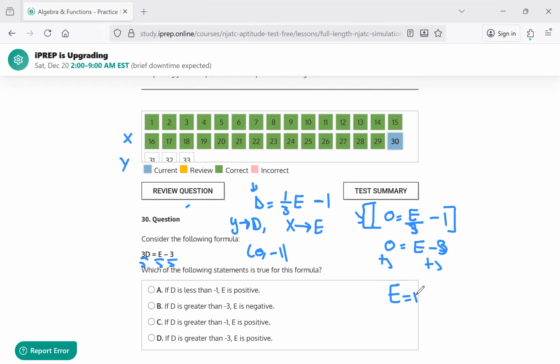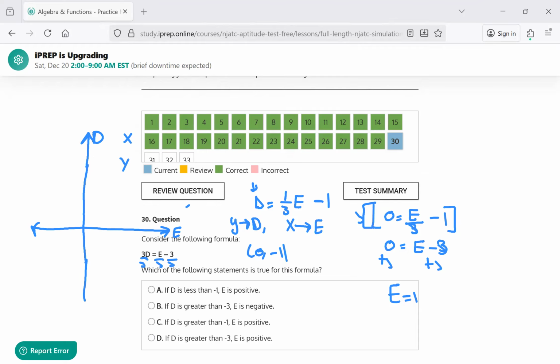So if you graph it, it works. What did we say our x is? Our x is E, so this is E. Our y is D. So let's see here.